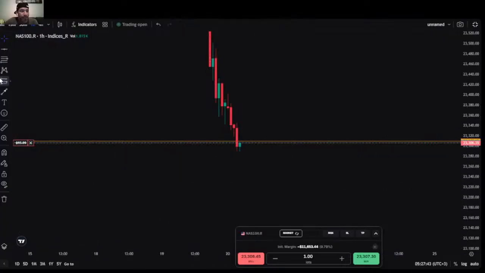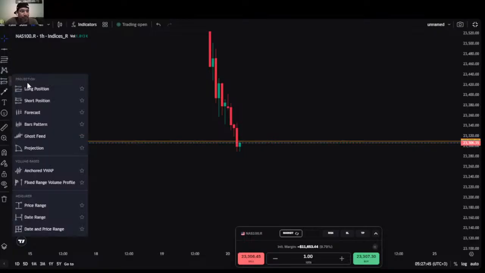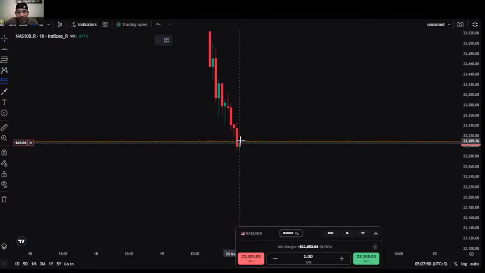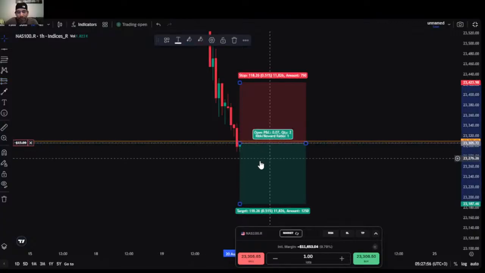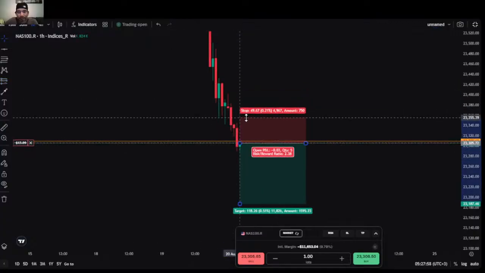I will be adjusting the stop loss. It's going to be above the previous 1-hour high, and that's going to be the risk. So we got in right here, and my stops are going to be just above that previous 1-hour wick right there.